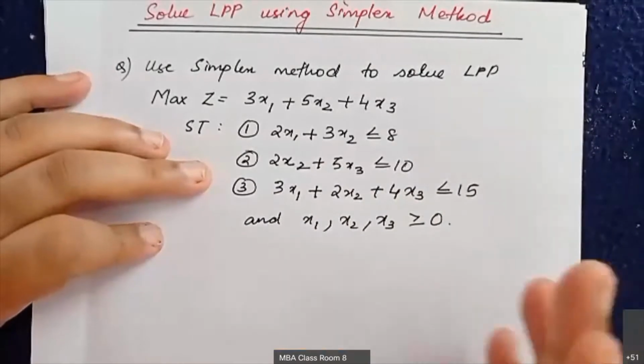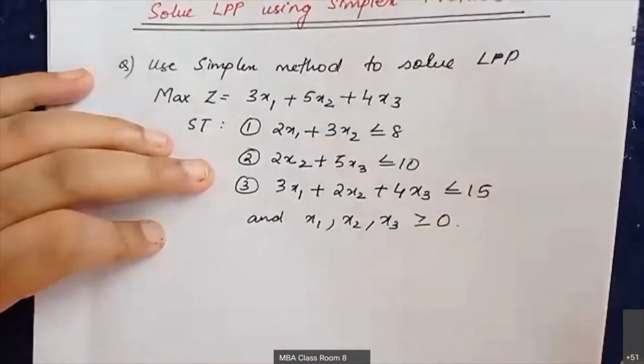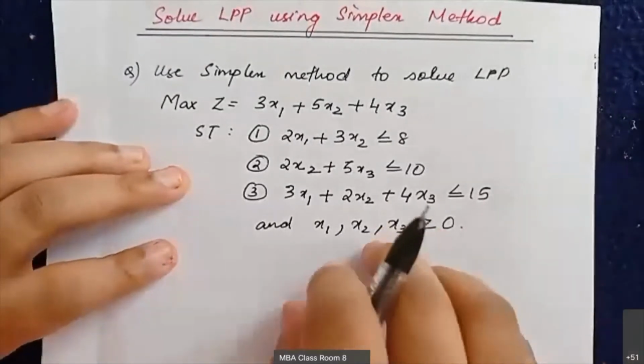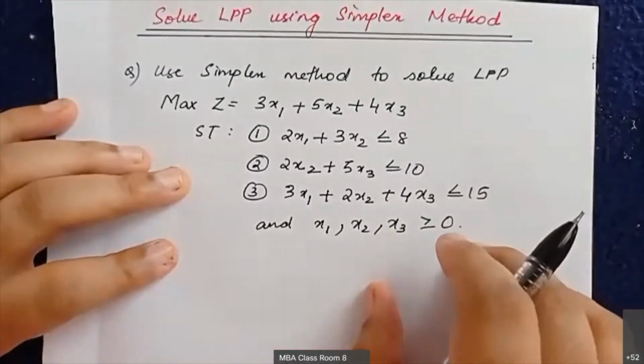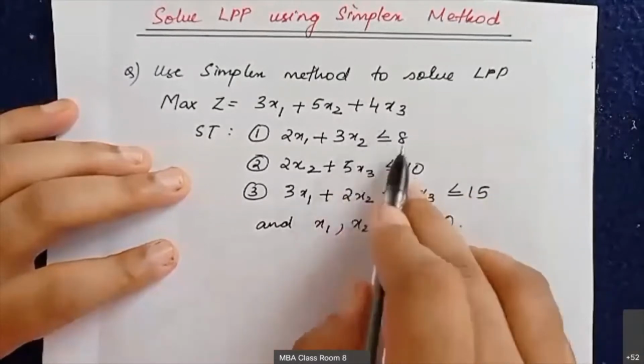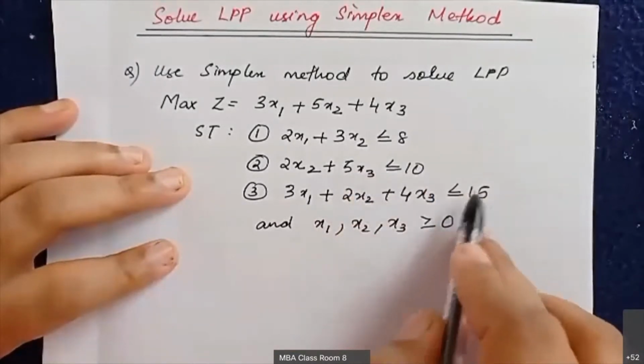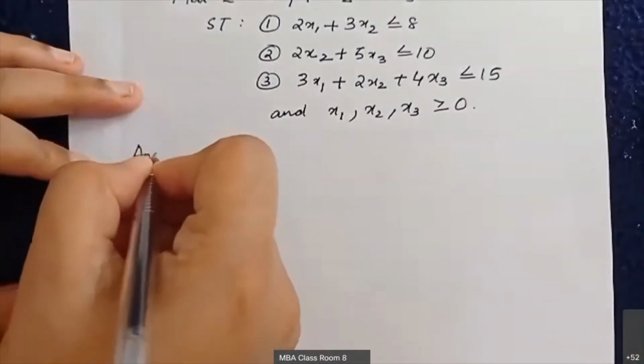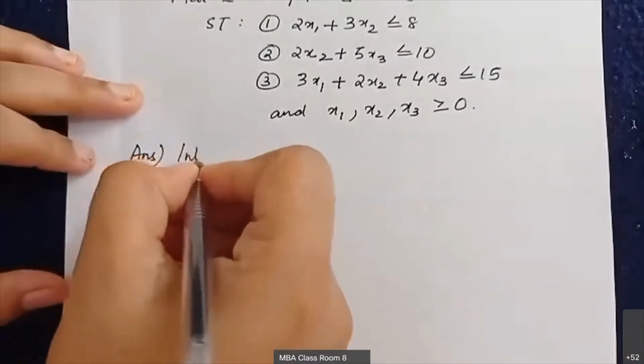You did not have to do any other steps. But in the simplex method, you have to introduce slack variables. Only after introducing slack variables can you change these inequality symbols. I will show you how to do that. So we'll start the answer. Introduce.